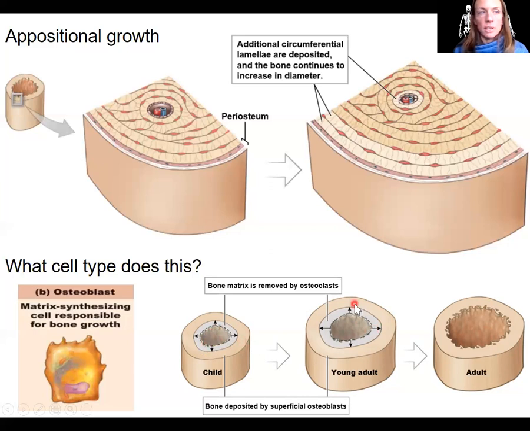That's going to result in not only the bone getting wider, but that medullary cavity becoming bigger. In an adult, you can see that the inside matrix is completely gone. It's been removed by osteoclasts, and now the medullary cavity is quite big, and the bone is wider in diameter.